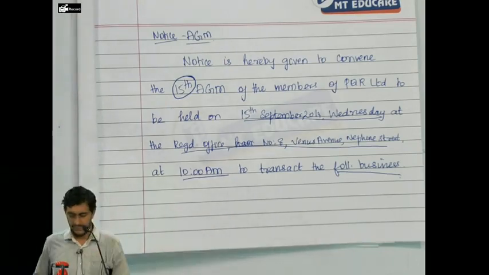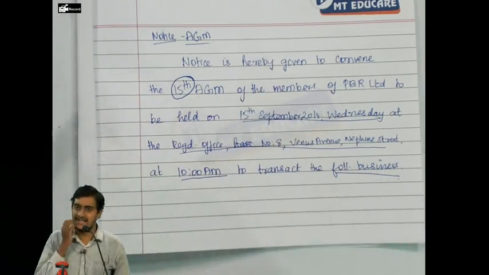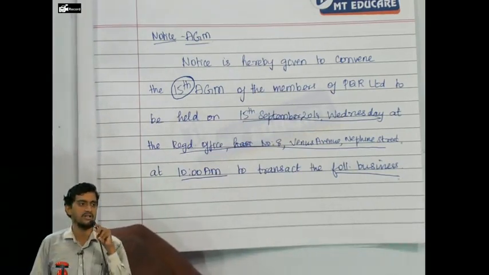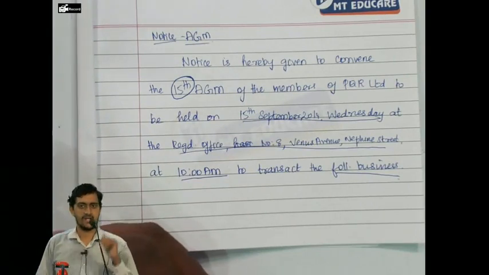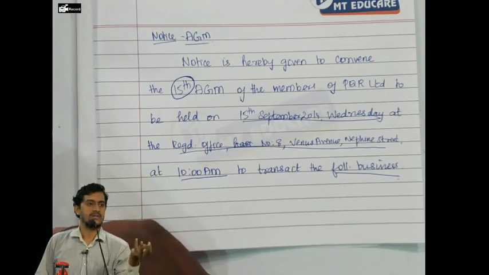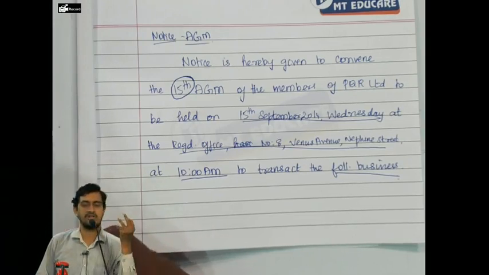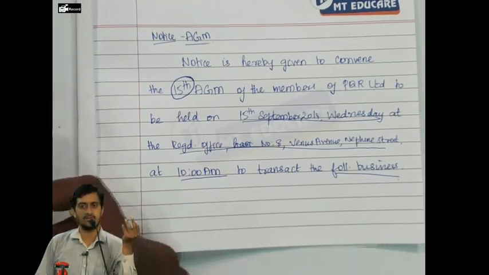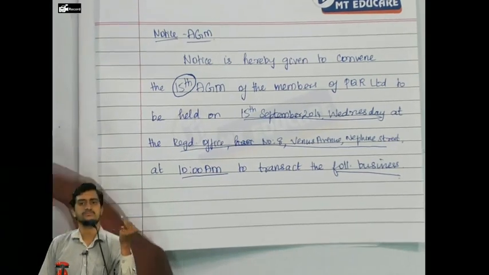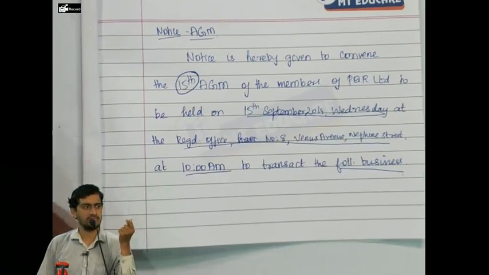Next, in an annual general meeting, you know 4 ordinary businesses are there. What are the 4 ordinary businesses? Consideration and adoption of balance sheet, profit and loss account, cash flow statement, auditor's report and the board of directors' report. Next, declaration of dividend, appointment of auditors and fixing their remuneration, appointment of directors.